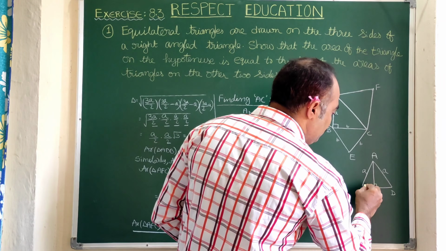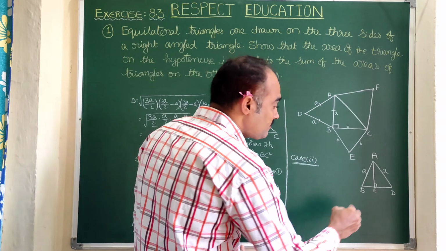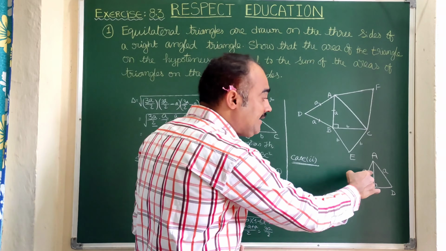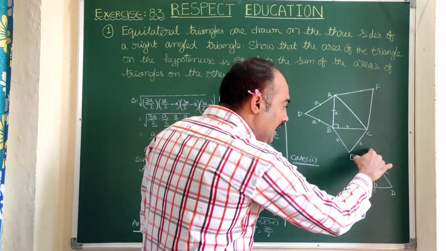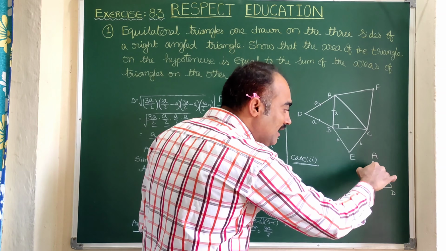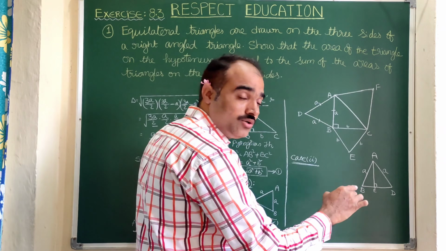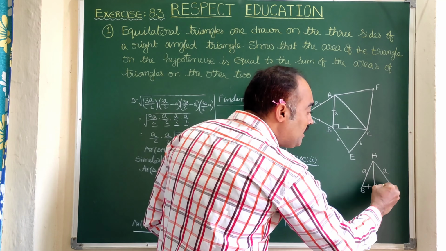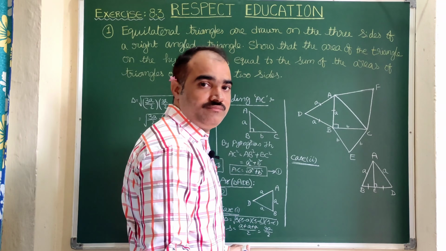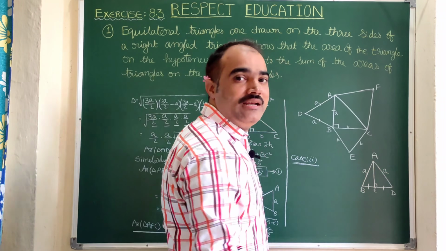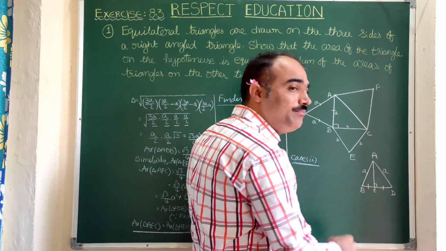In an equilateral triangle, this perpendicular is called the altitude. The altitude intersects BD at E, where E is the midpoint of BD. That means we can say AE bisects BD, not just intersects, bisects BD.